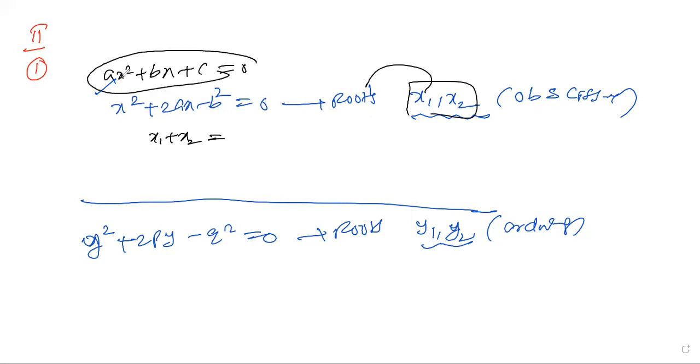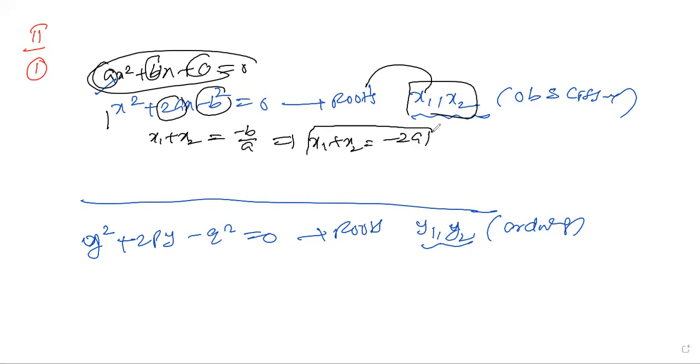Here a is 1, b is 2a, and c is minus b square. So x1 plus x2 is equal to minus 2a. Next, the product of roots x1 into x2 is c by a, that is minus b square by 1, so x1 into x2 is equal to minus b square. It is very clear, I think we don't have any doubt.